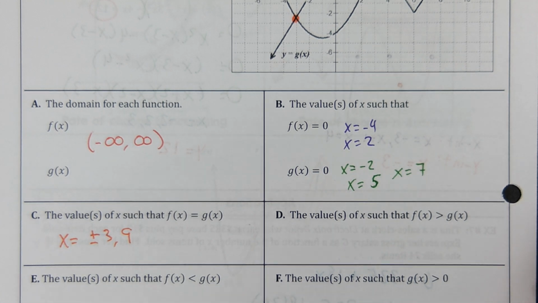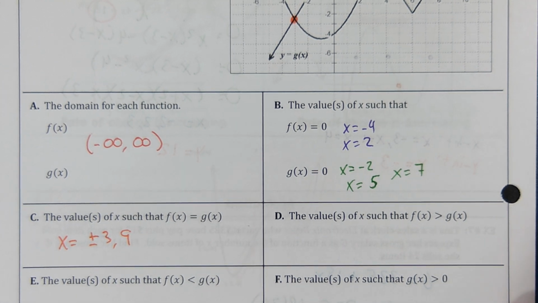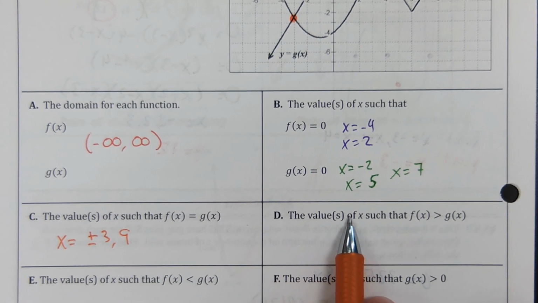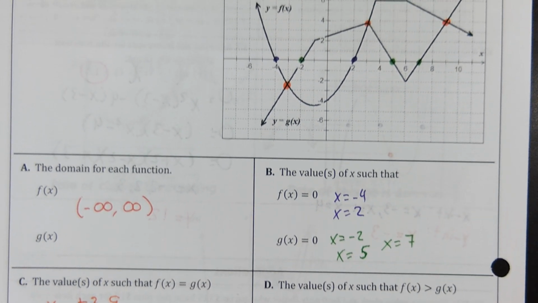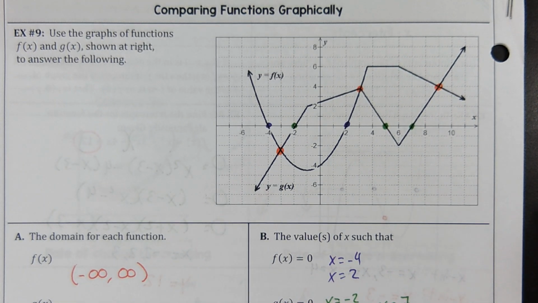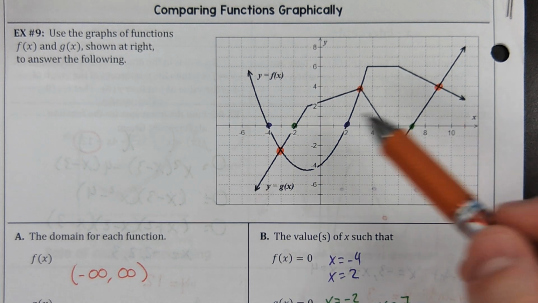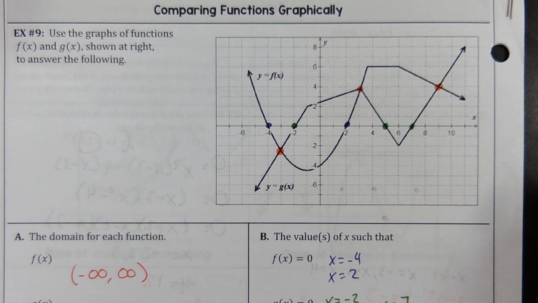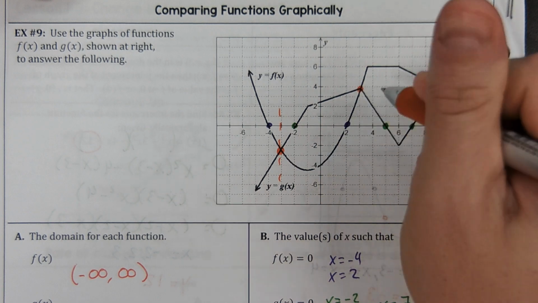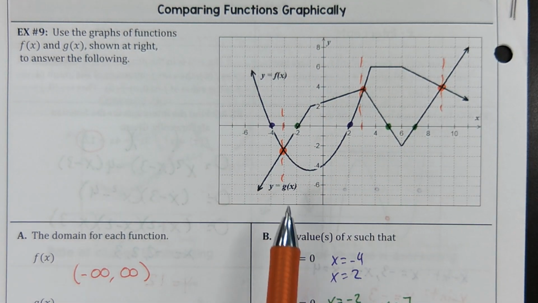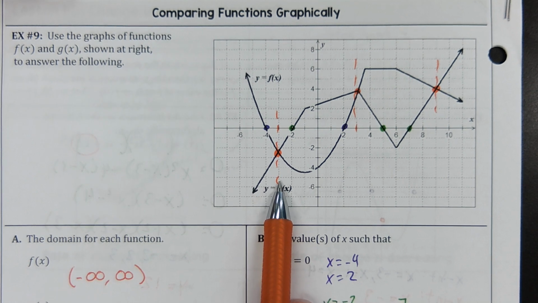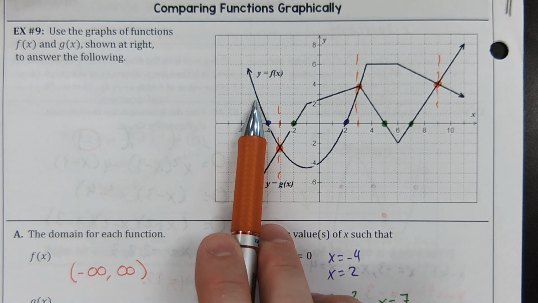Part D says, when is f of x greater than g of x, and that means the y values. So literally, looking at the picture, when is the graph of f above the graph of g? The orange dots are going to be my barriers. So to the left of this orange dot, I hope it's obvious that f is above.